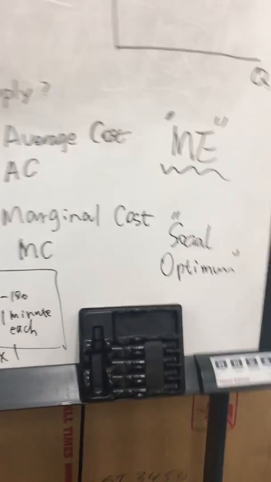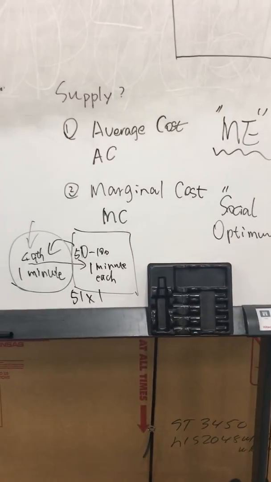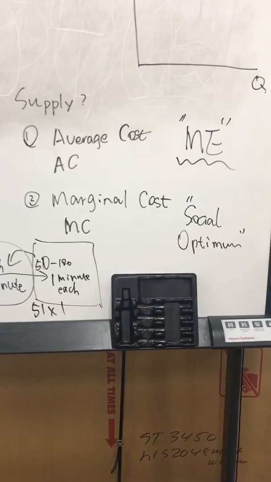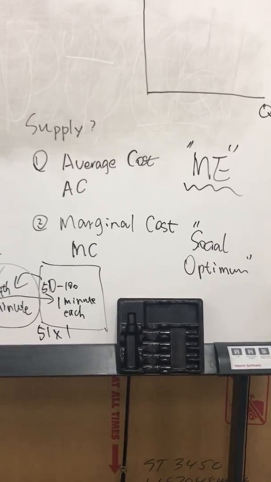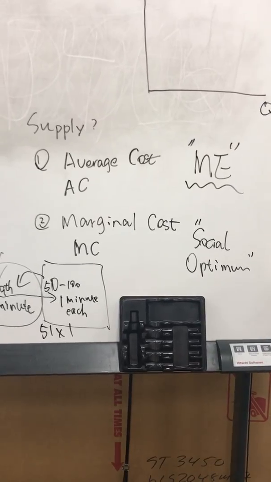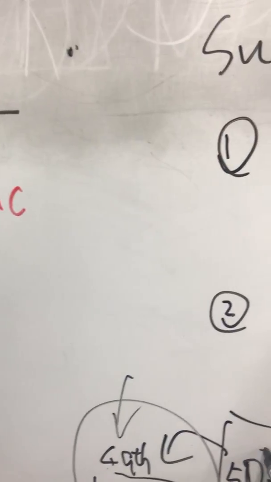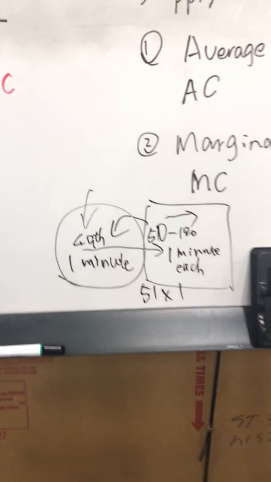Then we understand what it means, because every person is rational and we can say it's self-interest. He will never care about the rest of the 50 guys. He only cares about himself.